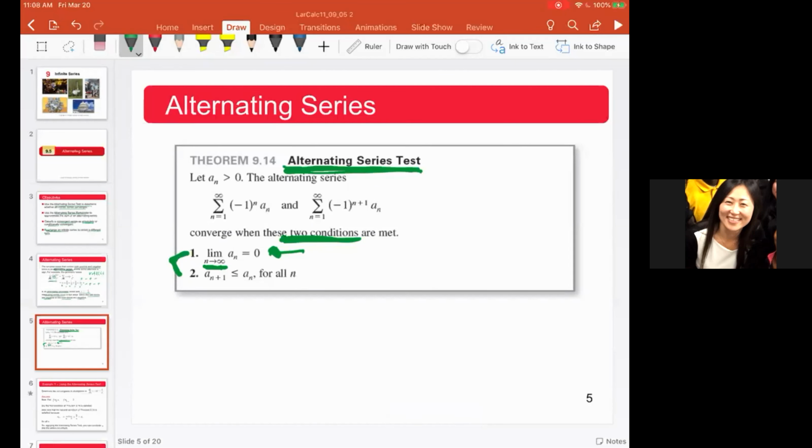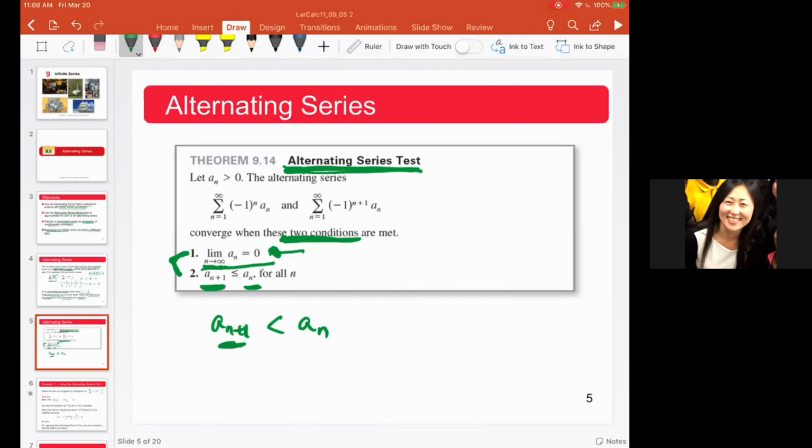And the second condition is that the next term is less than the previous term. Does everybody understand? There are two conditions. The limit has to go to 0, and a_(n+1), the term after this one, has to be less than the previous term.